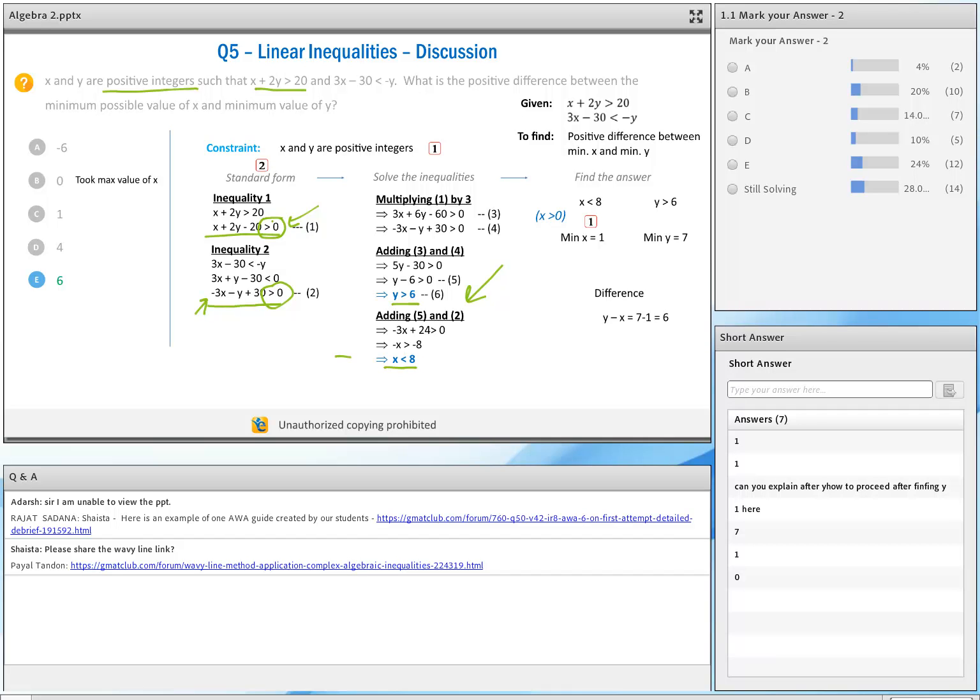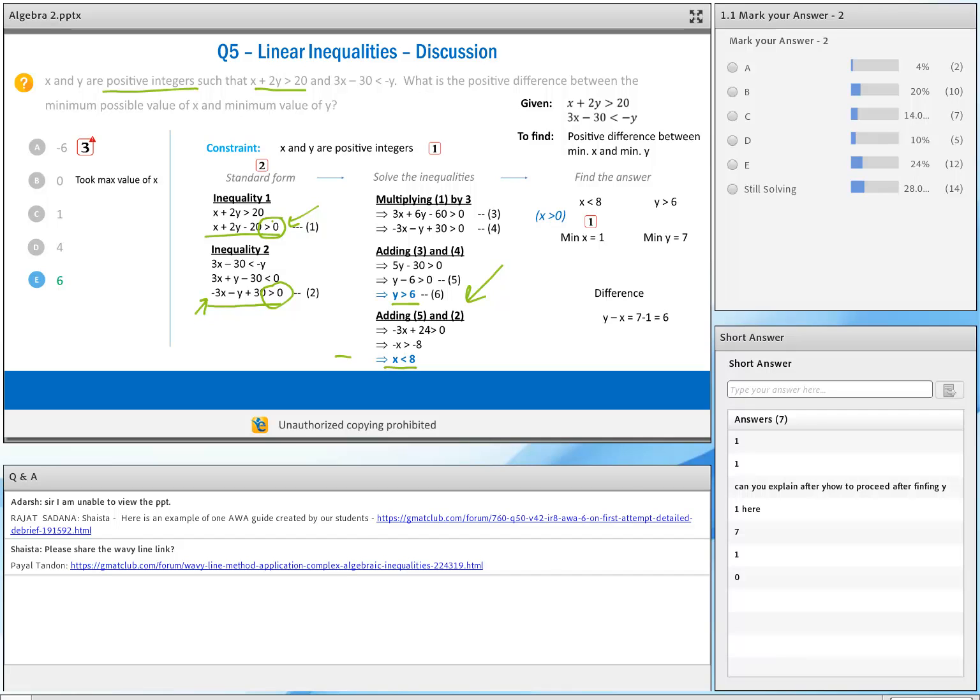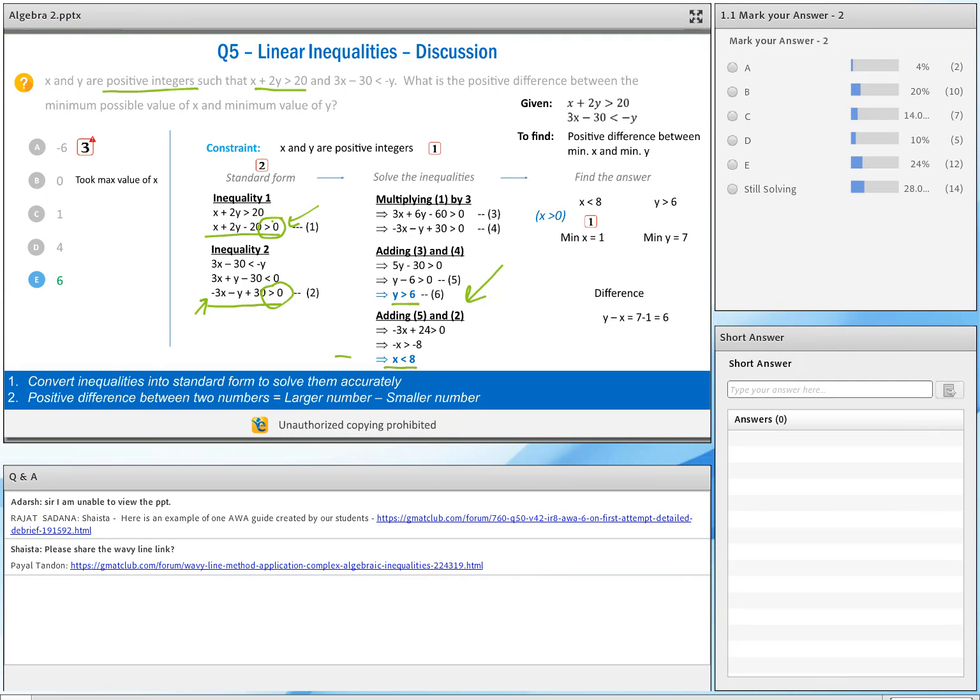Now, for those of you who selected choice B as the correct answer, you took maximum value of x as the constraint. Okay, so tell me, where did you falter here? Now that you have the solution right in front of you, I won't even say that there are a number of steps here, because they're just two inequalities.